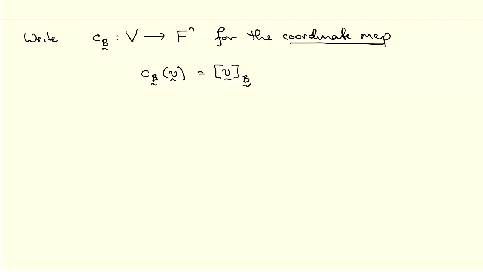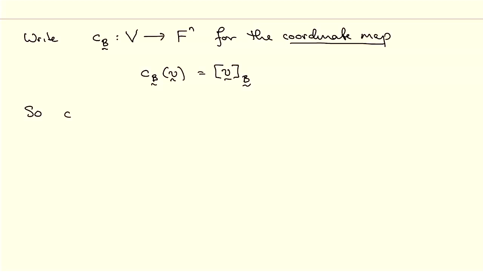So where does it map B1? It maps B1 to, that's lambda 1 equals 1 and everything else 0. So it maps B1 to the standard basis vector E1, B2 to E2, B3 to E3, and so on and so forth. So it maps a basis of V to a basis of F^n, and therefore is an isomorphism by what we just talked about.